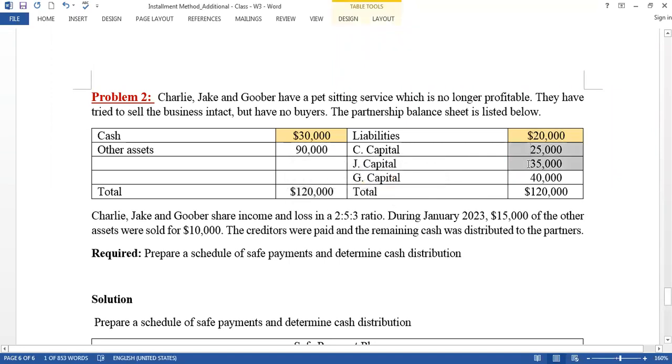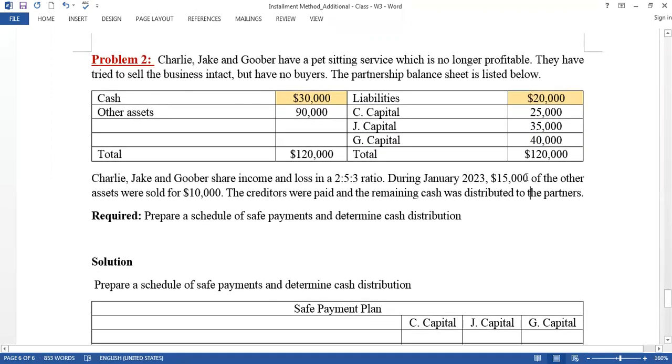And these are the 3 partners, C, J, and G capital, and this is their total capital and liabilities. Now, C, J, and G share income and losses. This is their income and loss ratio.